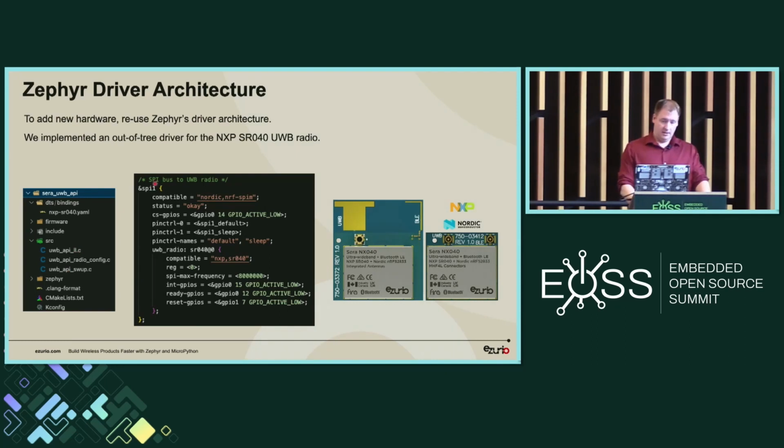And then, because of device tree, we can easily add that new UWB radio in and attach it to the SPI interface here. And with those new DTS bindings, we defined our interrupt GPIO and the ready and reset GPIOs. So you do that, and now you have a standard way to access the SPI interface to the radio.